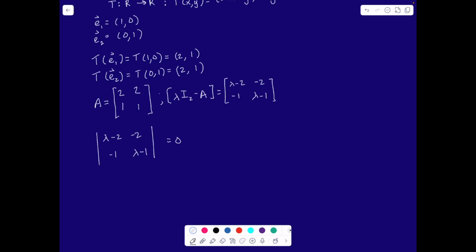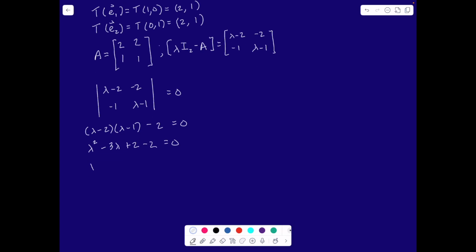So we'll get (lambda minus 2) times (lambda minus 1) minus 2 equals 0. Multiplying it out, we'll have lambda squared minus 3 lambda plus 2 minus 2 equals 0.